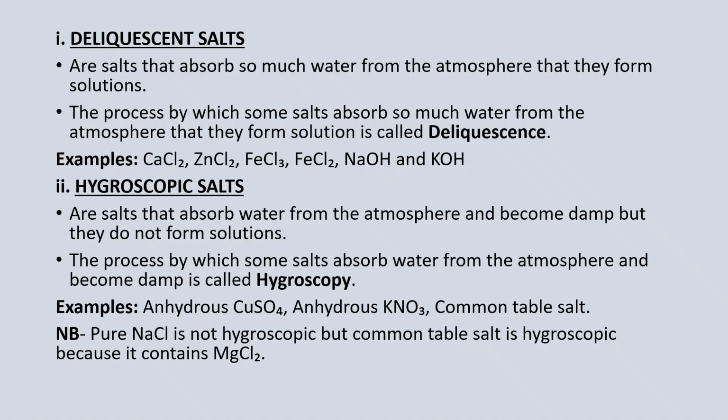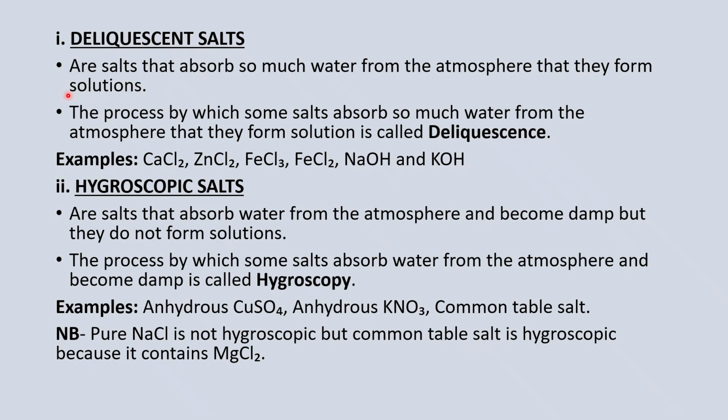The first one is known as deliquescent salts. Which are these salts that we refer to as deliquescent salts? Deliquescent salts are salts that absorb so much water from the atmosphere and they form solutions.